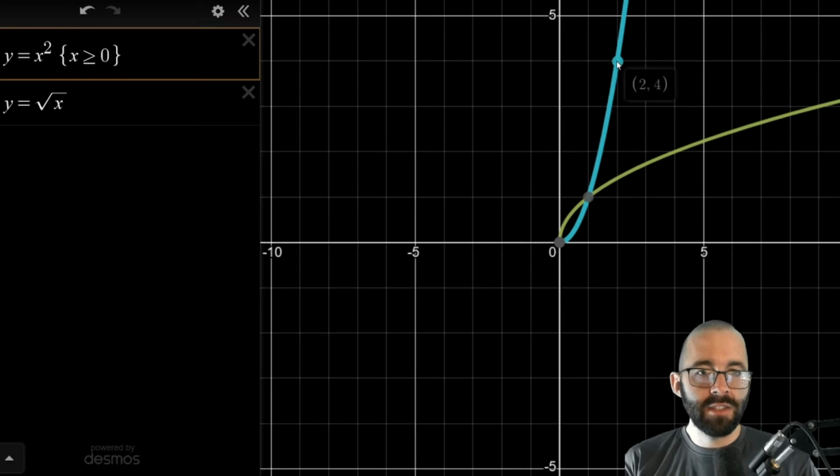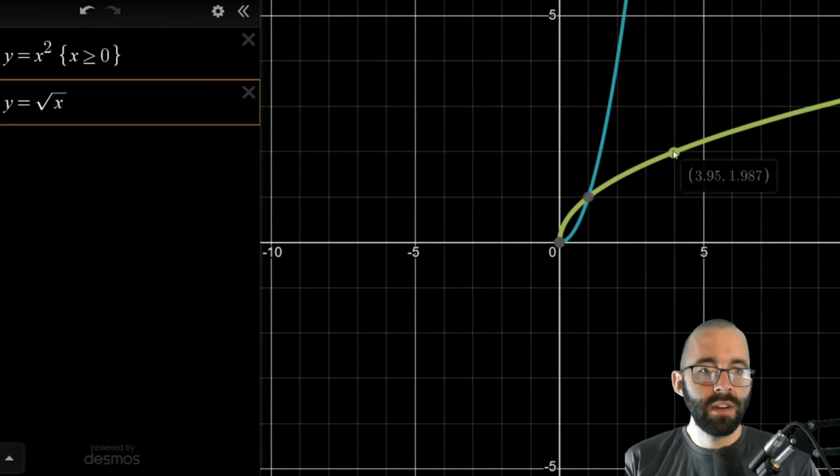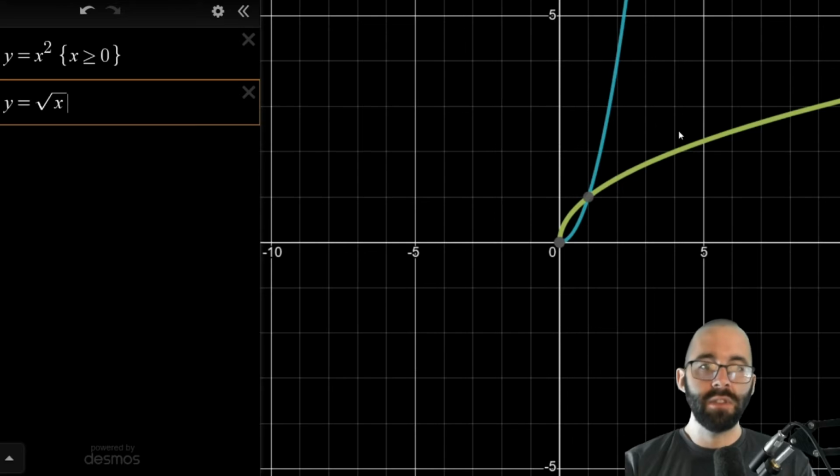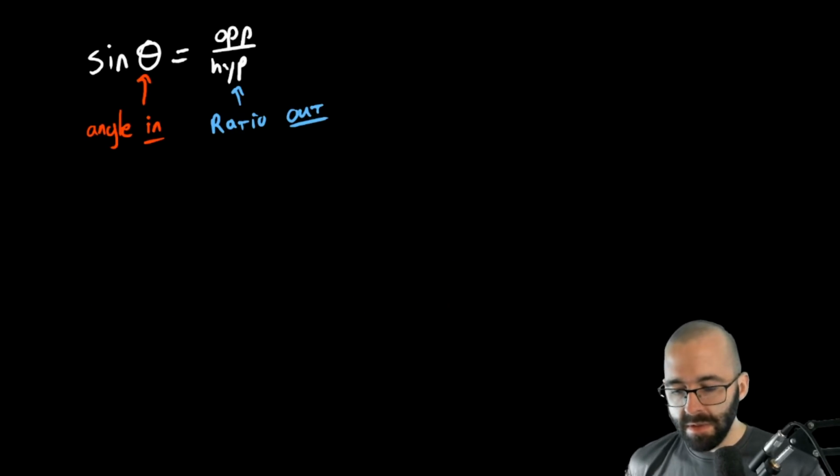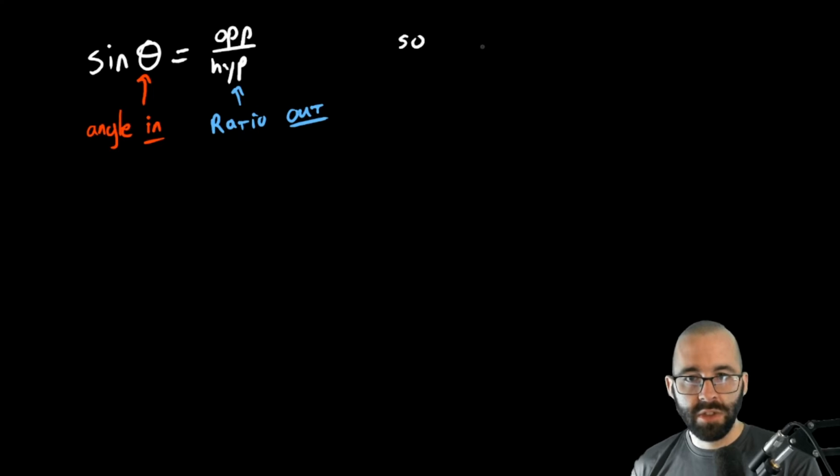This has an x, y coordinate of 2, 4, so this has one of 4, 2. Switching x's and y's is what inverses are all about. When you're solving to find an inverse function, the way you do it is literally replace all your x's with y's and vice versa and solve for y.